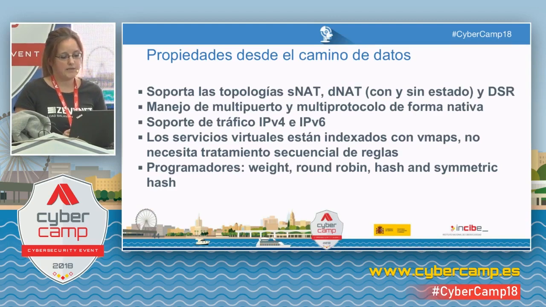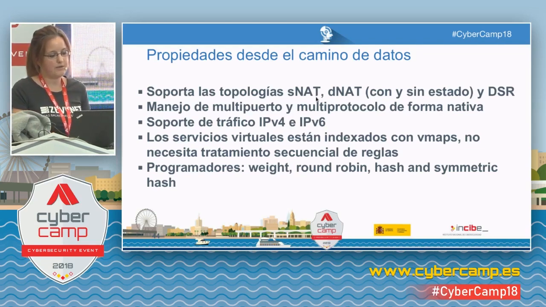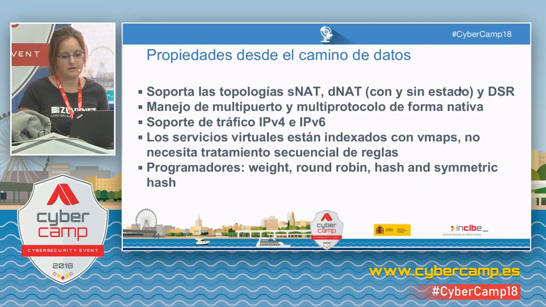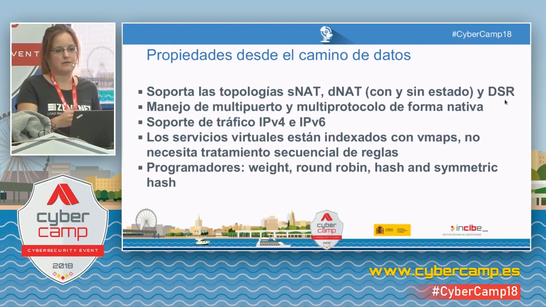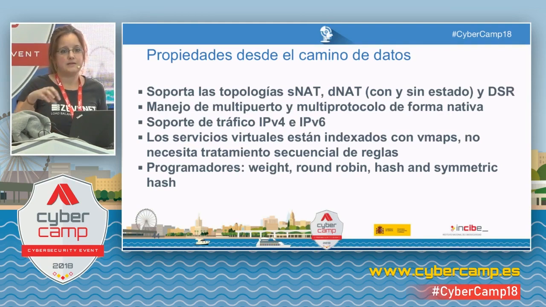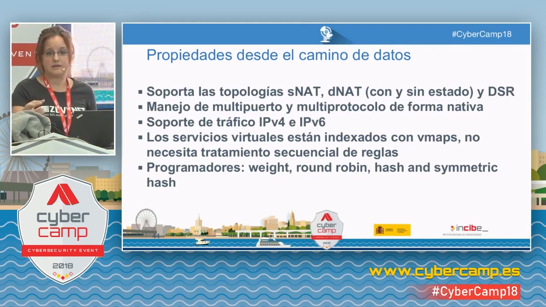What we managed was modeling and designing with NFT and providing support to most of the topologies that can be used at the production level. We haven't been told about a particular topology that we don't maintain. SNAT, DNAT, DSR. And let me just stop here. DSR is direct server return, used for balancing at Google, where Maglev balancing is used.